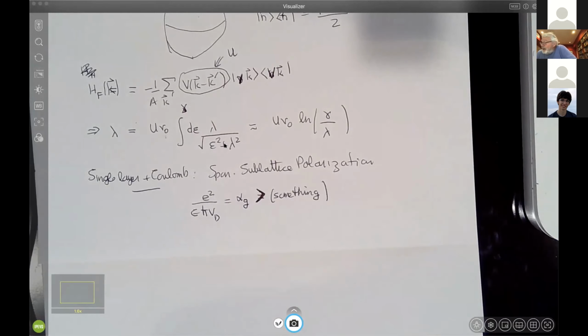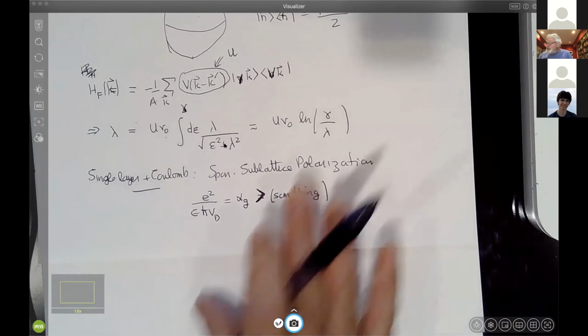In order to really estimate what the necessary interaction strength is in single layer graphene, you have to do a serious calculation. Over the years I've talked to people trying to do quantum Monte Carlo calculations of different types, but I don't think anybody really has a number for this.